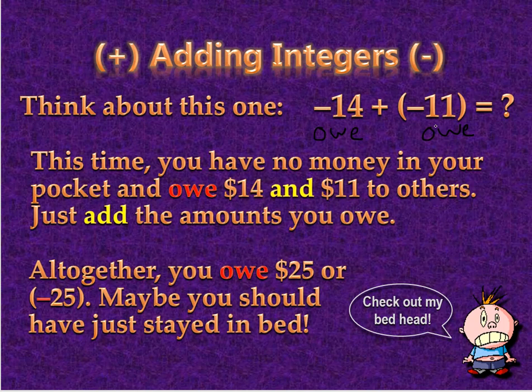And if you owe and you owe, obviously when you combine those, you are going to owe. And to figure out how much you owe, you just take the 14 and you add it to the 11, and that gives you 25. Okay? So you would owe $25. So if you owe 14 and you owe 11, that is going to be owing 25.